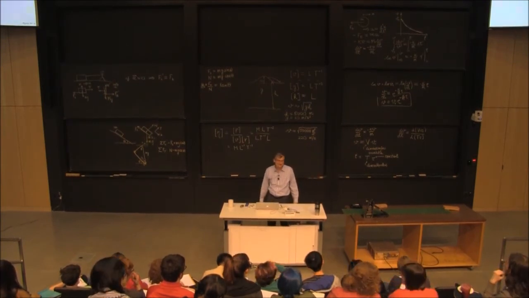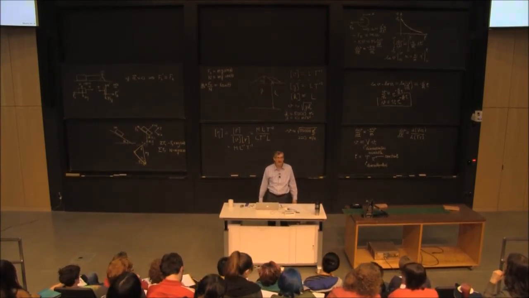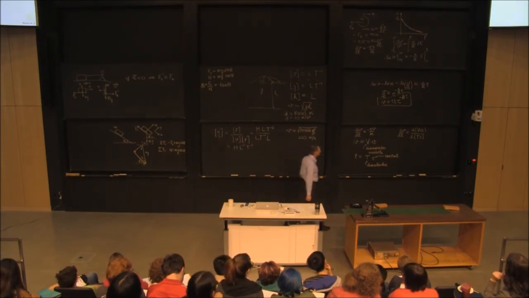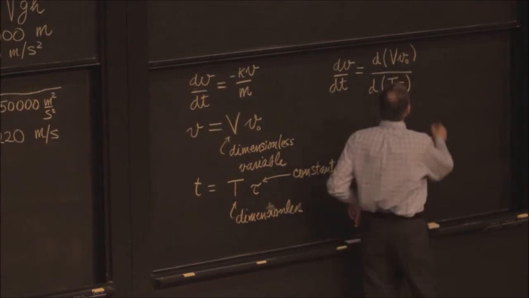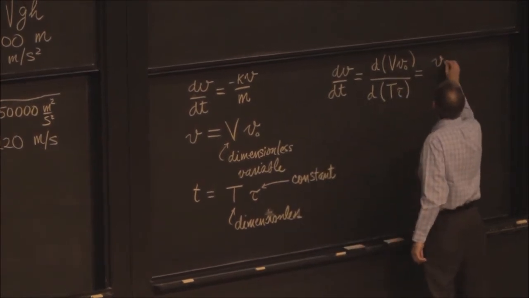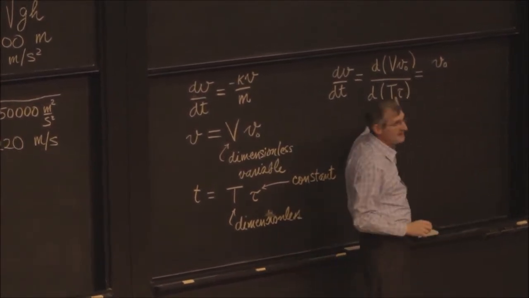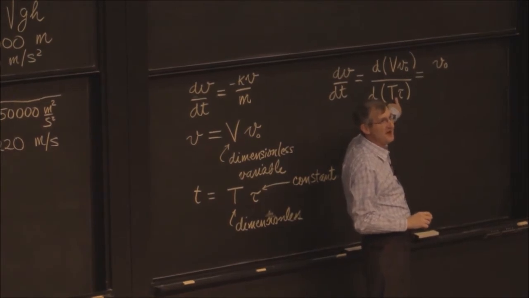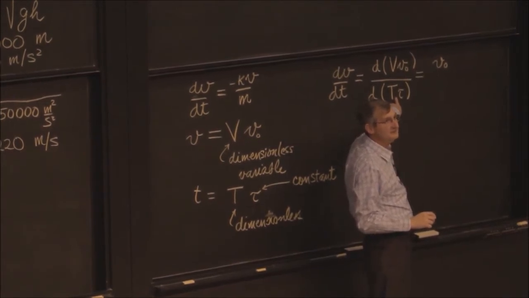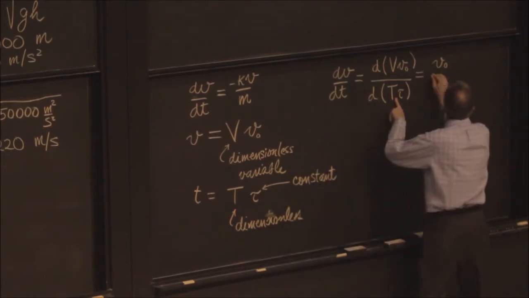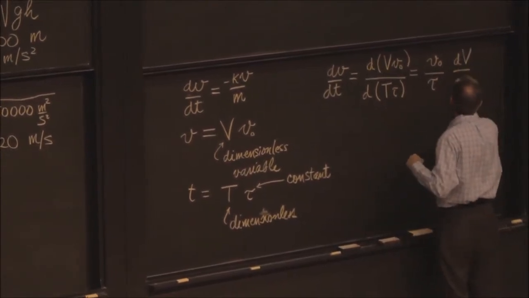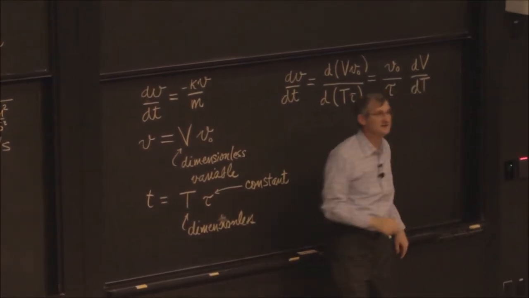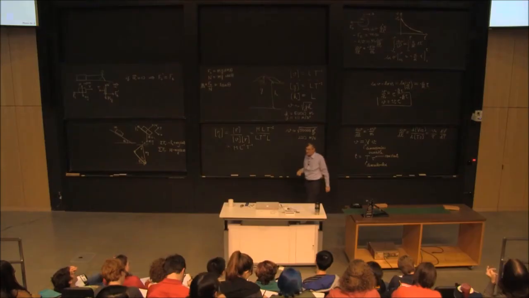But some of those things are constants, so I can just yank them out because they don't affect the derivative. V0 is just a constant, so it comes out. Can I yank the tau, which is a constant, out of the bottom too? By the chain rule, I'm left with the dimensionless acceleration, d big V dt.